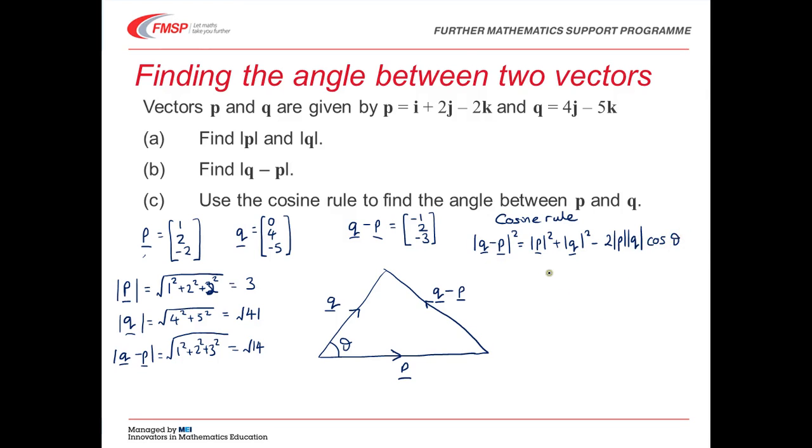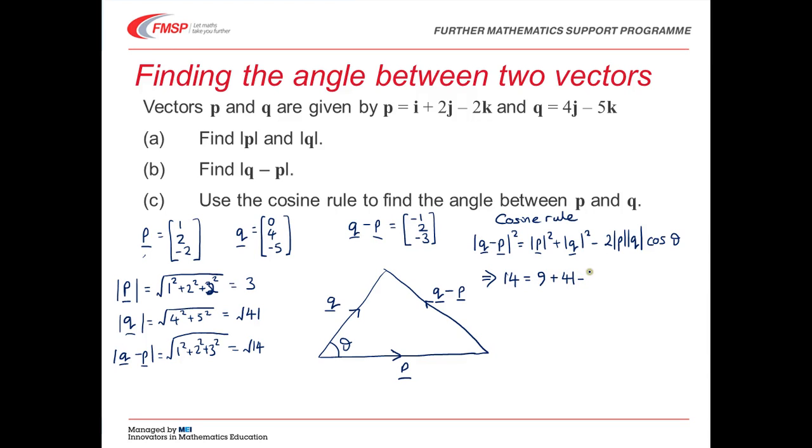You may want to pause the video for a minute just to check that that is the correct application of the cosine rule for this triangle. Okay, using the figures that I've worked out before, Q minus P is root 14, so square that and I get 14. Size of P was 3, so 3 squared is 9. The size of Q was root 41, so square that and I get 41.